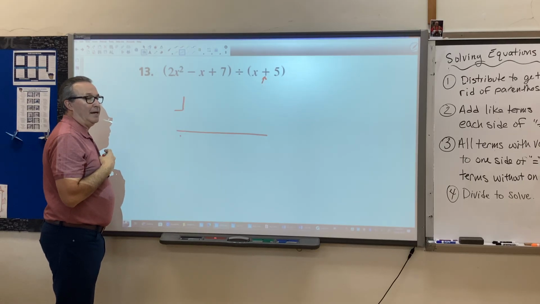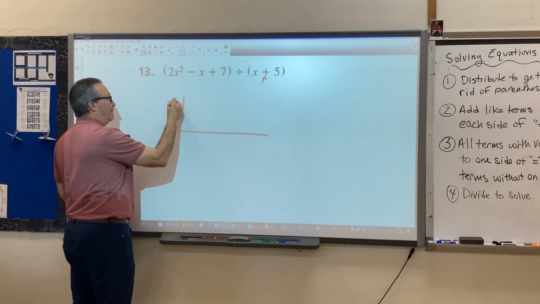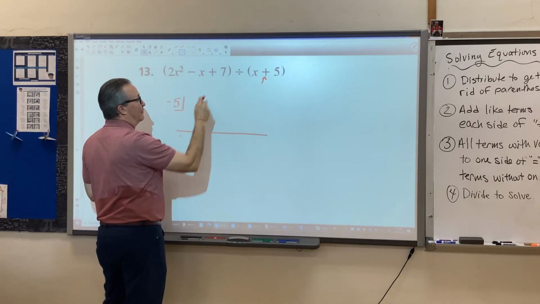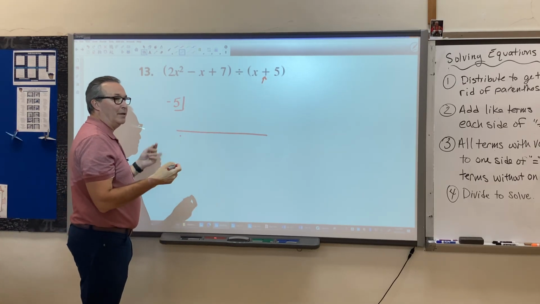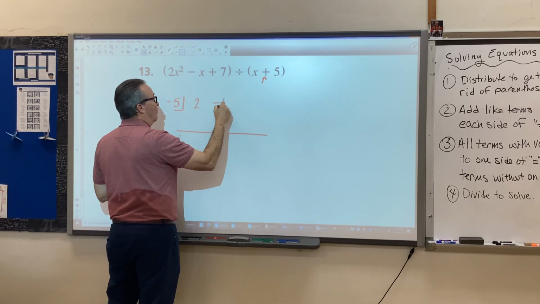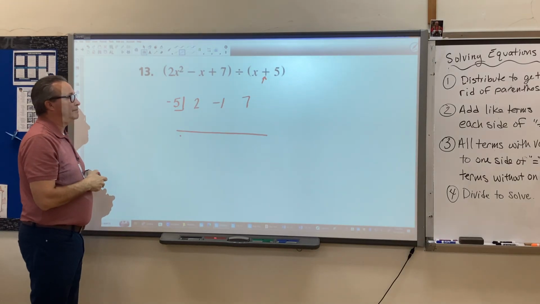What number makes x plus 5 zero? Negative 5. And the coefficients, instead of variables, we just put the coefficients down. So 2, -1, and 7. That's it. Okay?